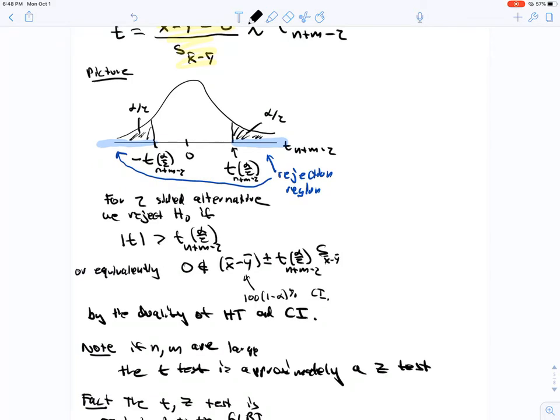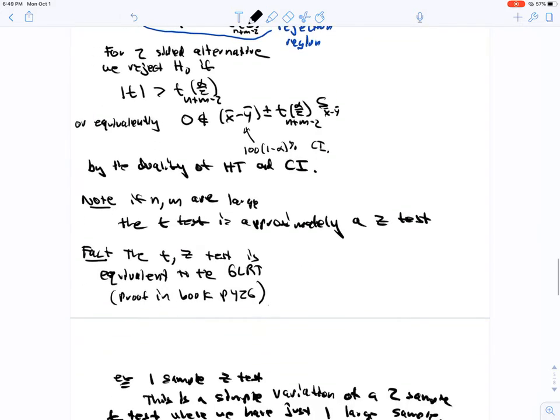Or equivalently, you can say that 0 is not in the 100 minus alpha percent confidence interval. Those two statements are equivalent by the duality of hypothesis testing and confidence intervals that we saw last time.